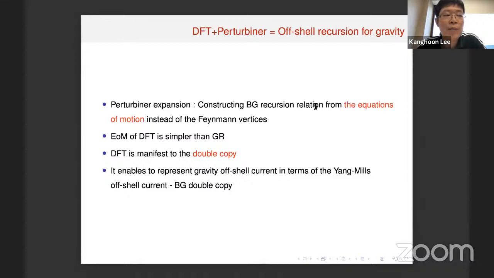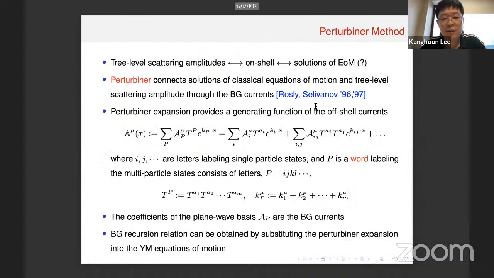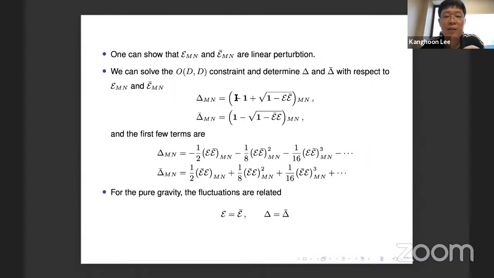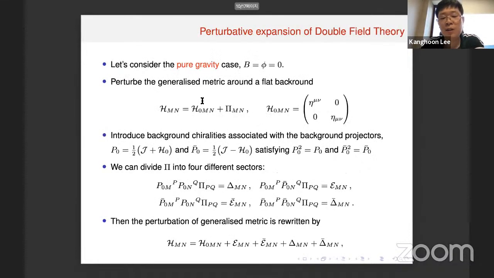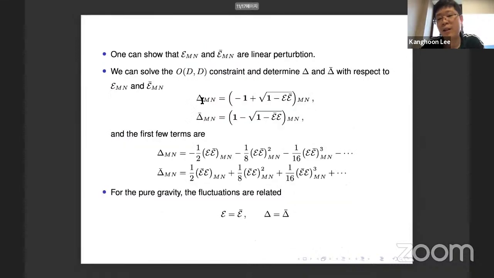So we don't have to use the Feynman vertices, but we can use the equation of motion directly. And the infinite order expansion can be hidden in the delta field. We can treat delta and E as independent fields, with delta as an auxiliary field.